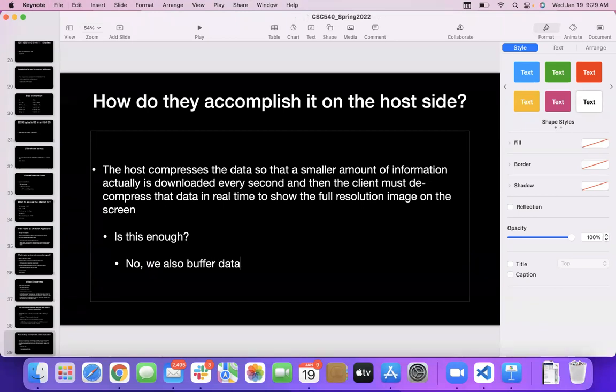A lot of times it feels like it happens instantaneously, but really the Netflix client takes several seconds, up to maybe 15, 20, 30 seconds depending on the internet speed, to start downloading the first bunch of your movie so that it already has a head start for the decompression.